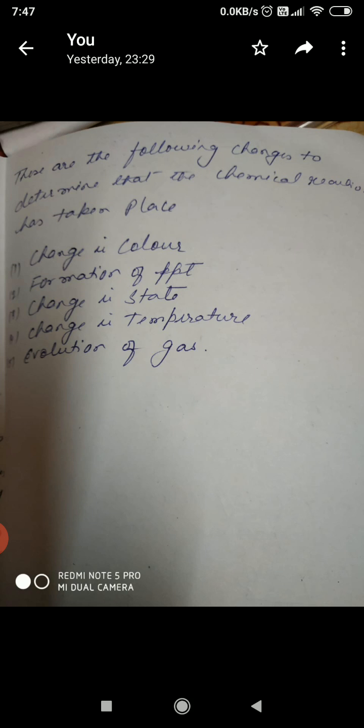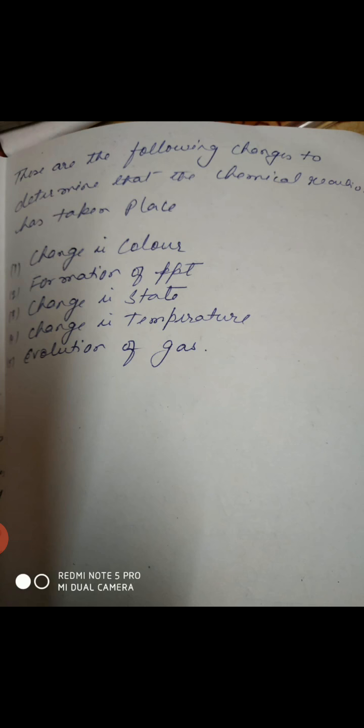There may be change in state. This is very common, we see it in daily life. Even when we burn wax, it converts into water and carbon dioxide gas is formed. Here we can see that solid wax is first converted into liquid and then into the gaseous state.